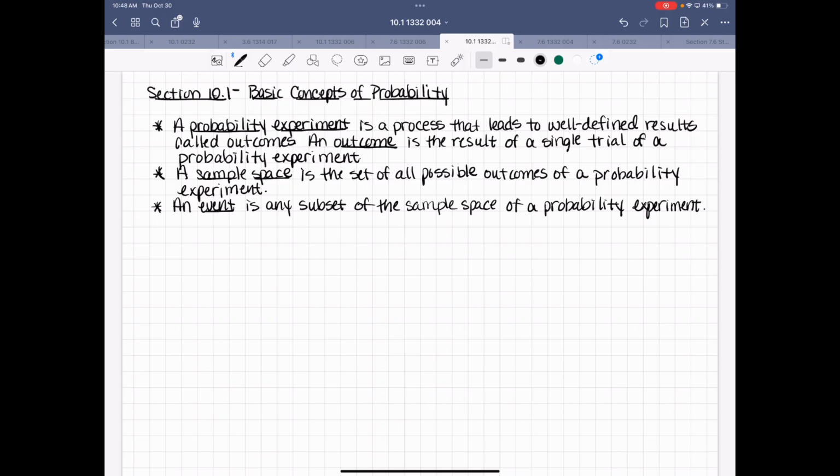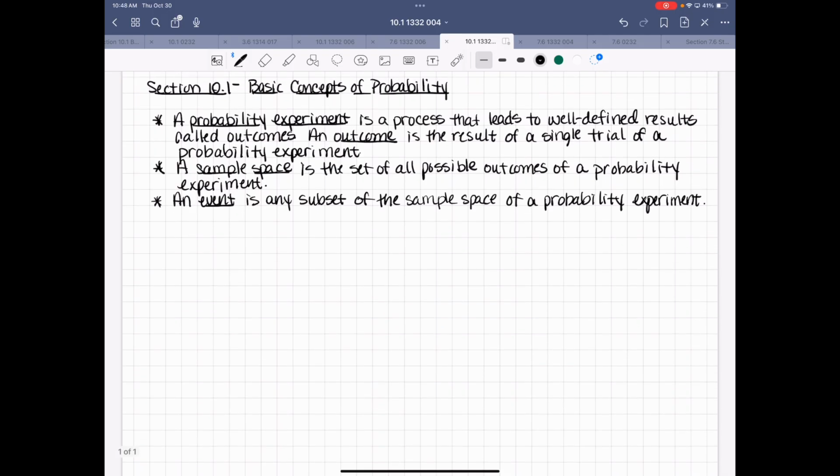Okay? Now, like I said, these are just some vocabulary terms. We talk more about these, though. We actually use these when we're finding probability. So a sample space is all the possible outcomes, guys, such as if you flip a coin one time, what's your possible outcome? You can get tails, you can get heads. If I roll a die, and guys, the proper word is die, that is singular, okay?